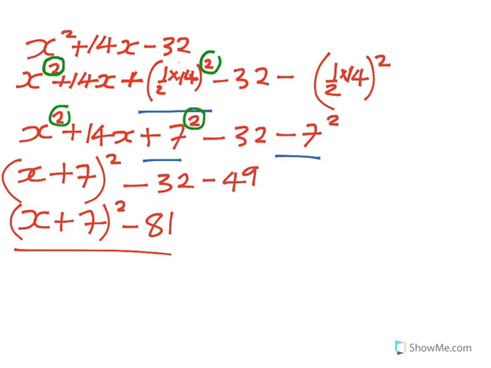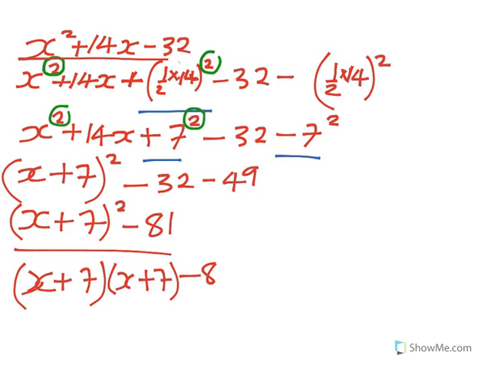You can prove it and multiply it back. It will still give you x squared plus 14x minus 32. Let's just try it. We are saying x plus 7 squared minus 81.